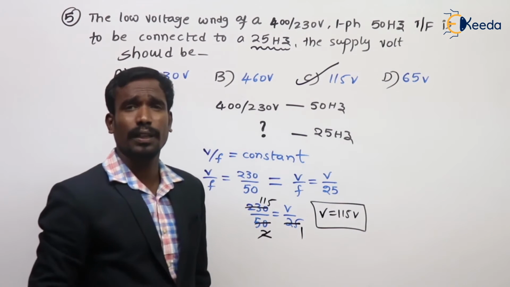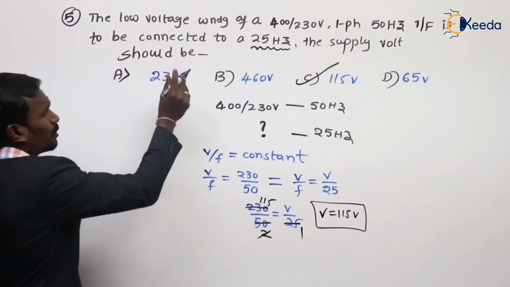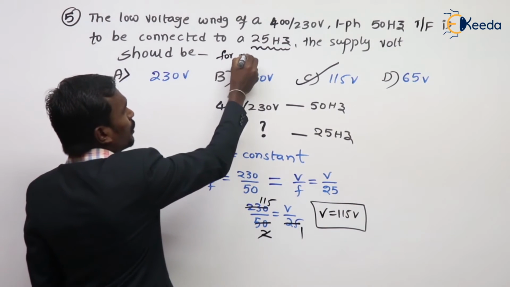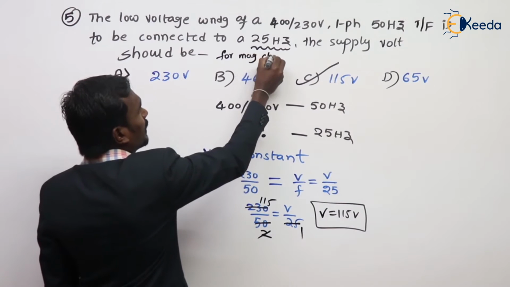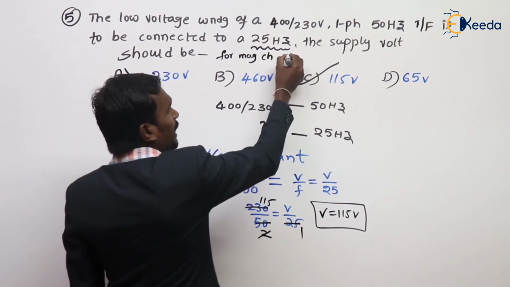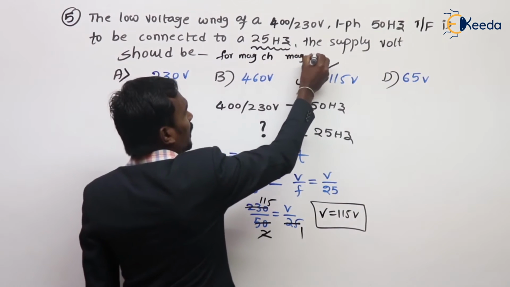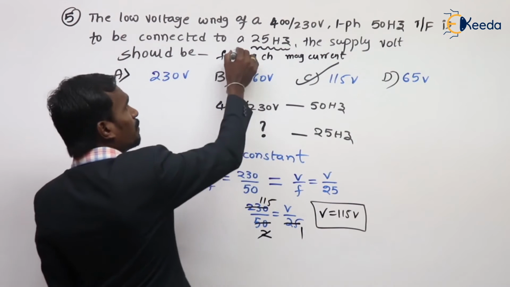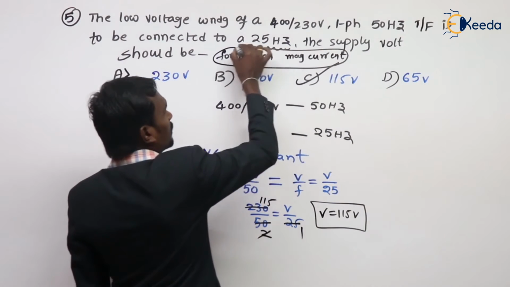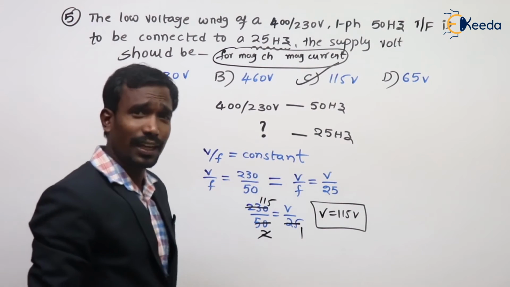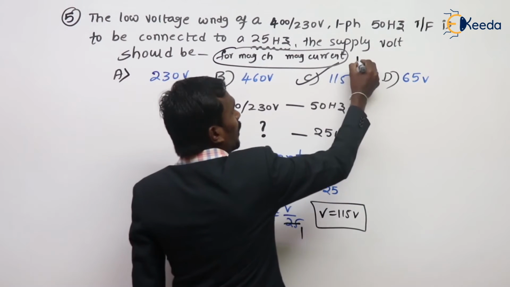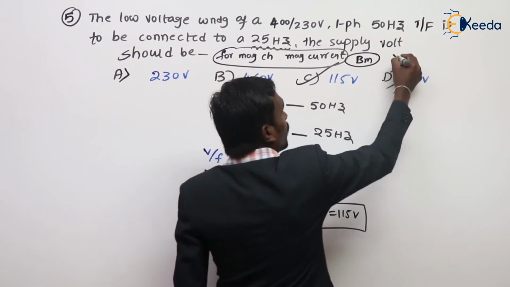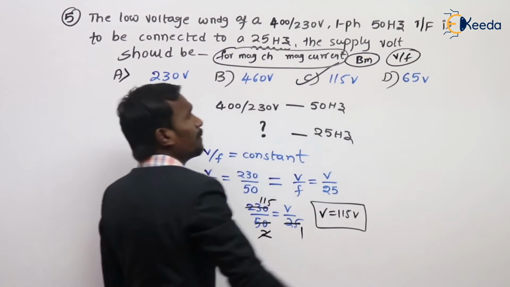Like that, questions are important. They will ask you such questions. Actually, they have to mention here: for the same magnetic circuit, for the same magnetic characteristics, for the same magnetization current, for the same flux density, for the same V by F ratio. They will mention it.